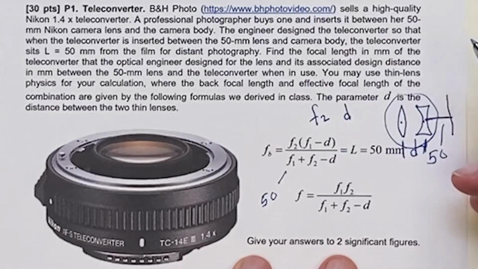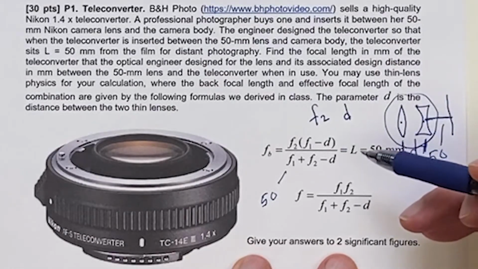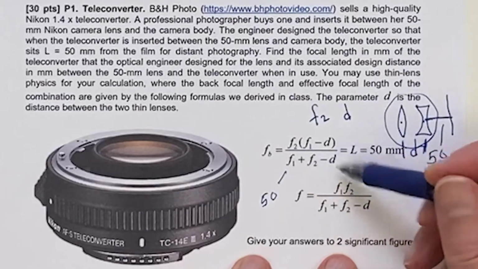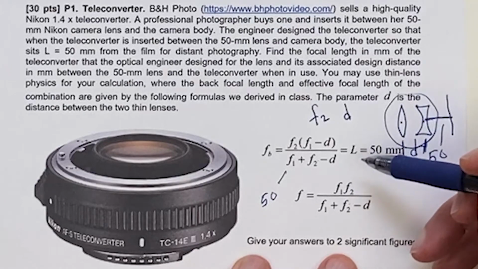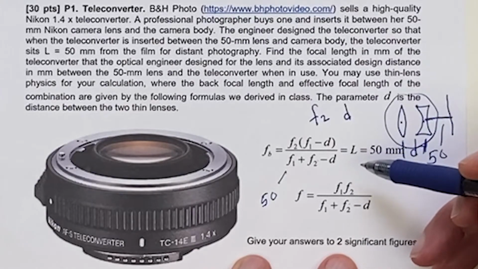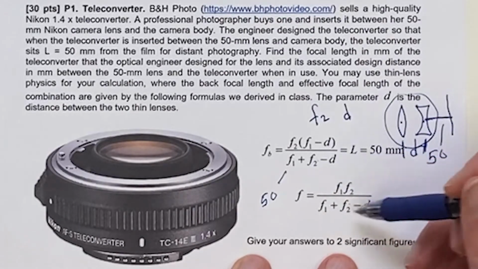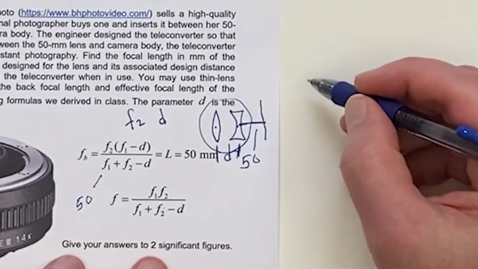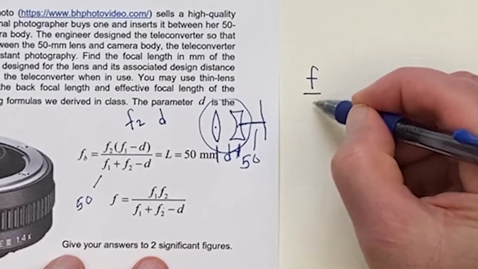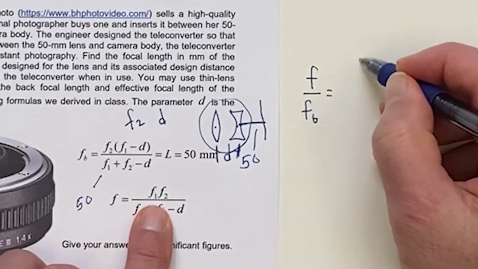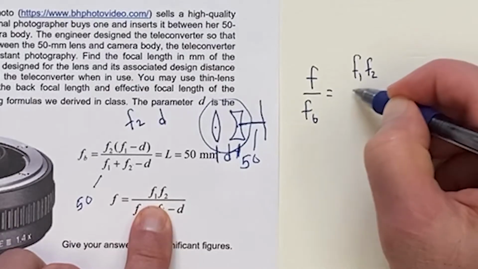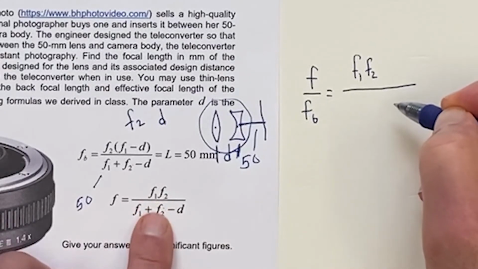So what's the best way to solve it? Well, I notice that the denominator is the same in both cases. So I think what I'll do is divide one by the other to get rid of that denominator. If we take the F and divide by FB, then that would give me an F1 and an F2 upstairs.